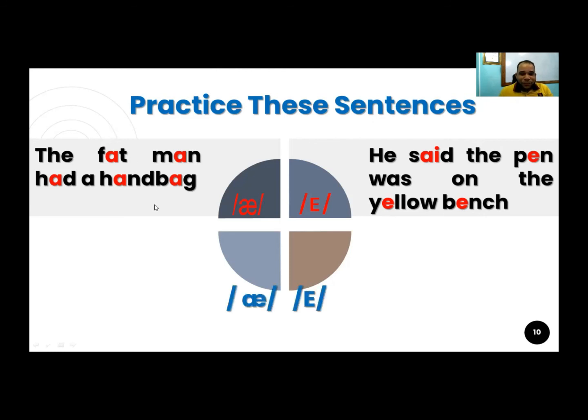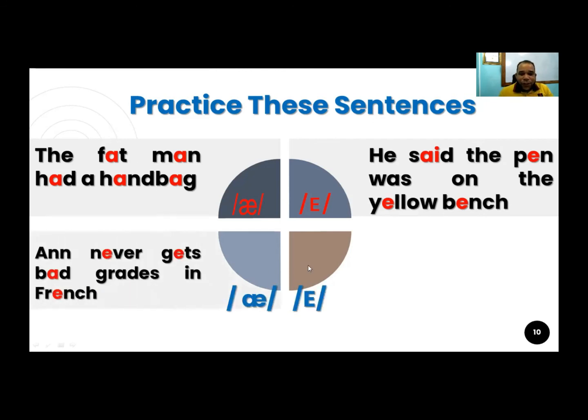Let's continue. Now I'm going to have some sentences that have both sounds together. For example, Anne never gets bad grades in French. Check this out. Anne never gets bad grades in French. French, French. Never, never. Bad.